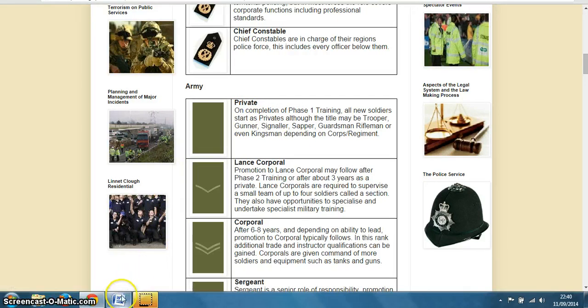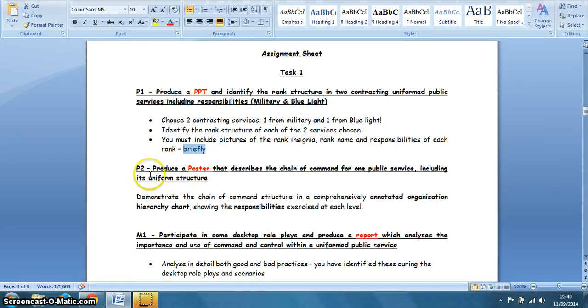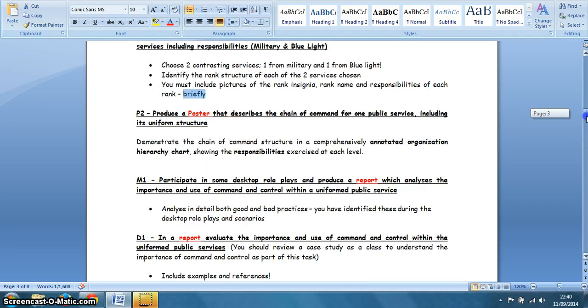So then going back to P2, for this you need to produce a poster that describes the chain of command for one public service, including its uniform structure. What you need to do is demonstrate the chain of command structure in a comprehensively annotated organization hierarchy chart, showing the responsibilities exercised at each level.